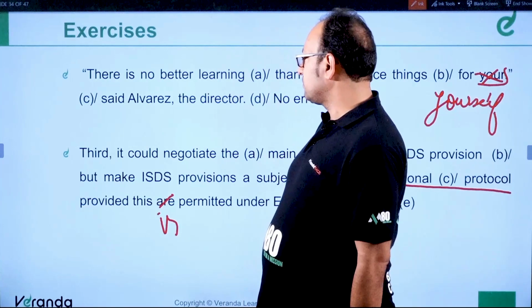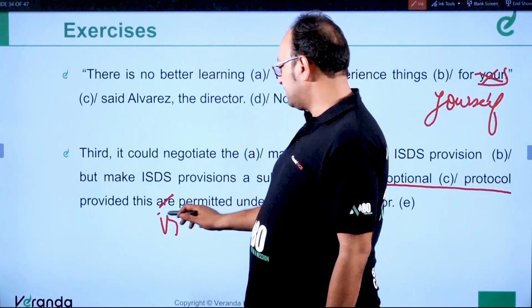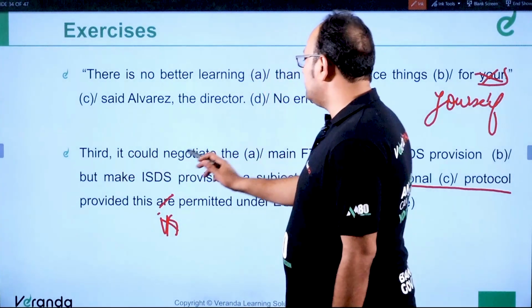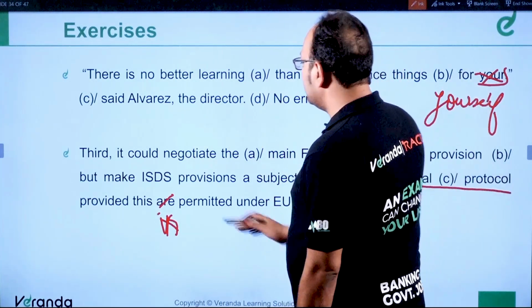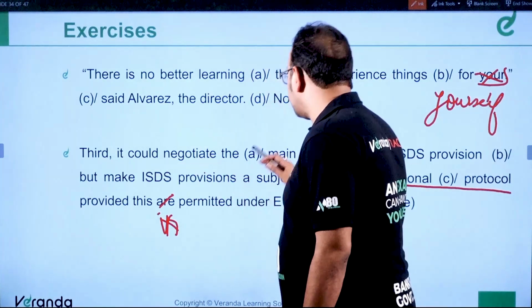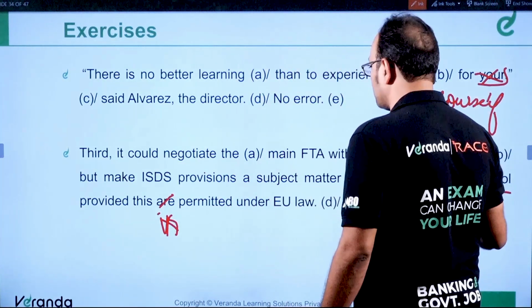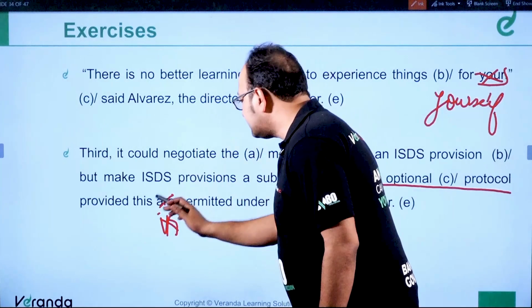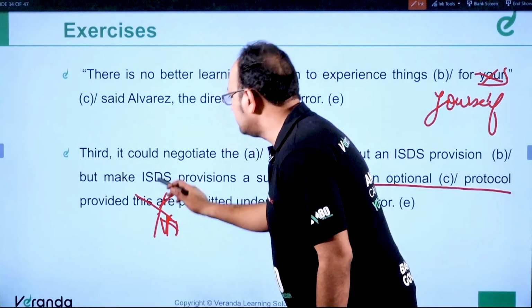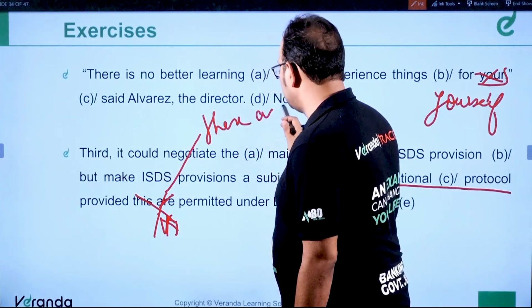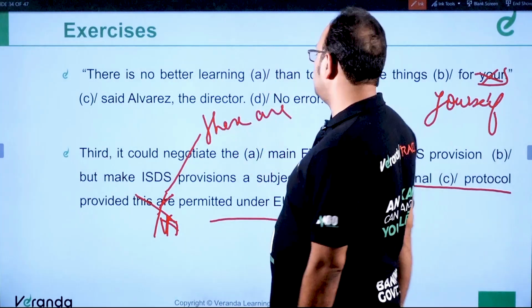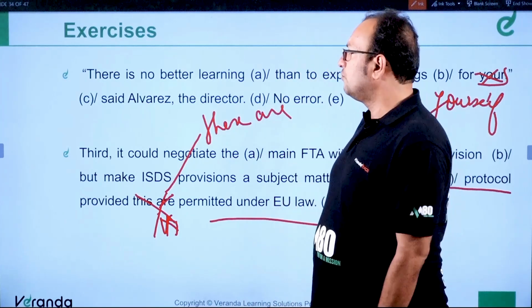Wait. It talks about these provisions, so it should be these are permitted under EU law. These are will be the correct answer. Moving ahead.